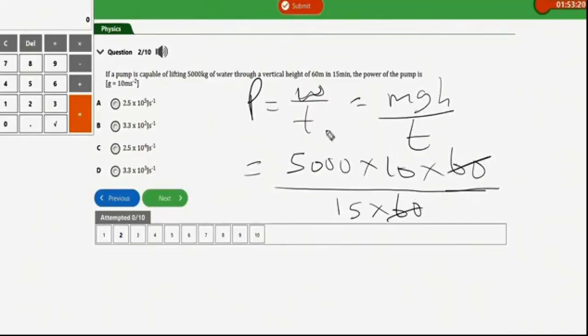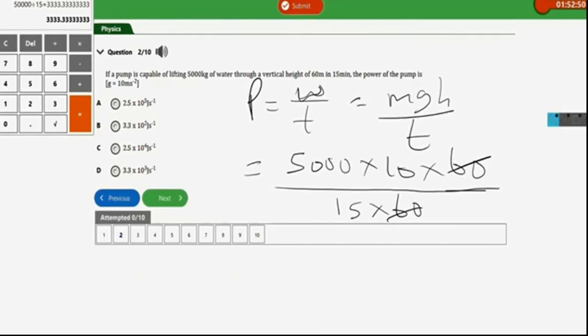We are left with, let's punch this on the calculator, 5,000 times 10 divided by 15. So we have 333.33333. Looking at this, the correct option will be Option D.